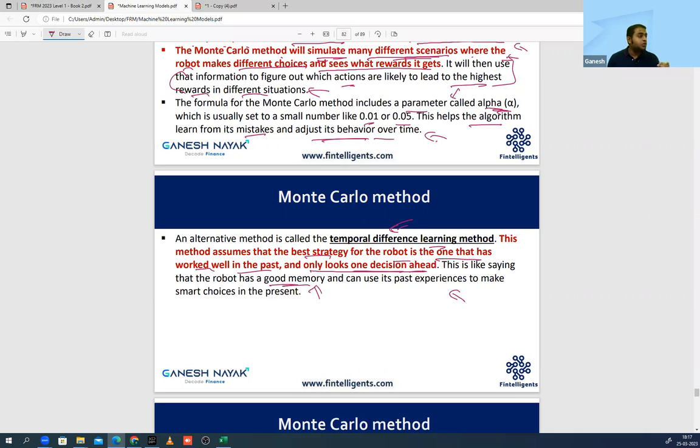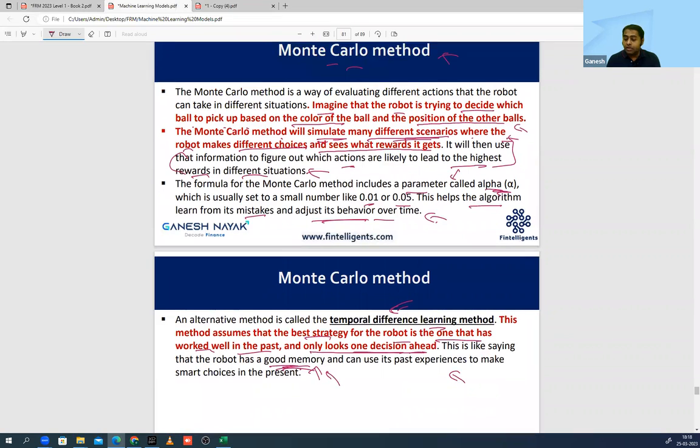But suppose the robot takes the last 3 matches, and on the basis of that it decides to choose Pakistan. That is also possible. So basically the robot keeps some memory, and on the basis of that it takes a decision. In the previous part, the Monte Carlo approach, the information for decision making was constantly updating, so the Q value was constantly getting updated. Clear?